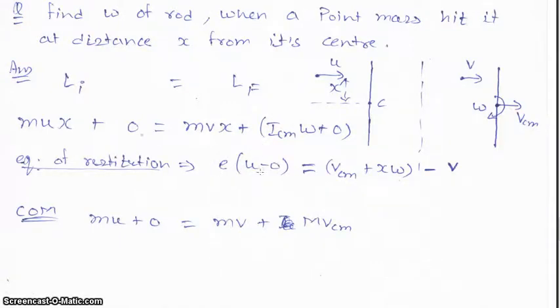And the restitution equation: the speed of the particle hit by the moving object will be V_CM + xω, the final speed, minus V, which is the velocity of separation. With the help of these equations we can solve for V_CM, ω and V.